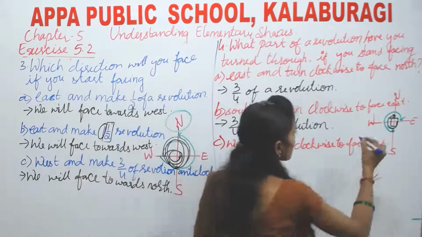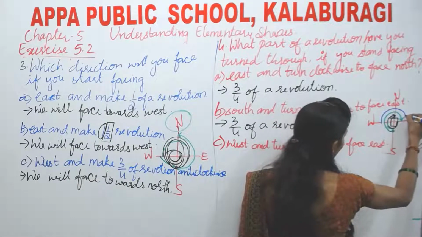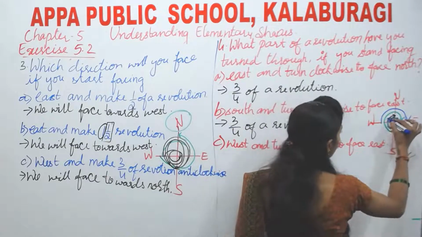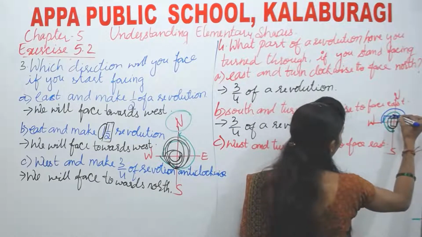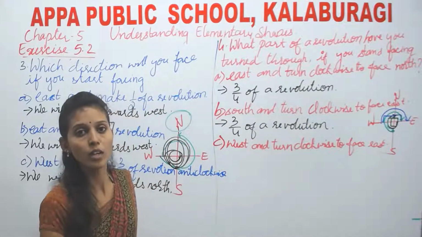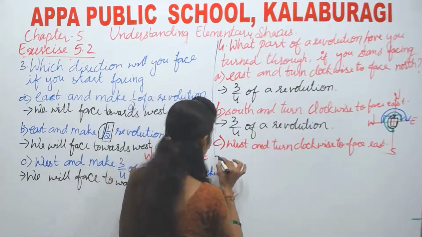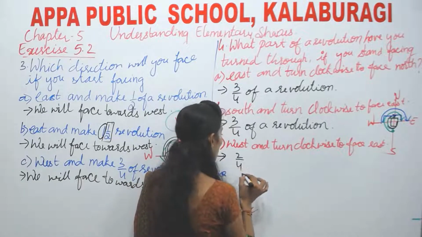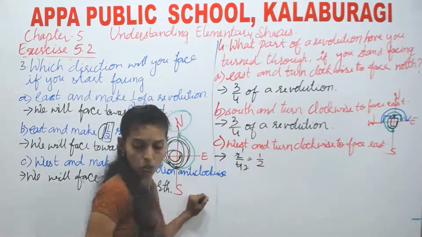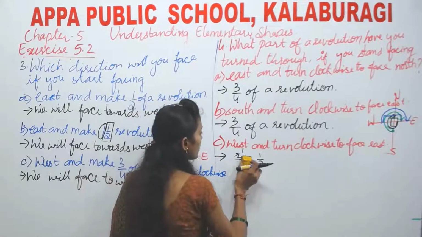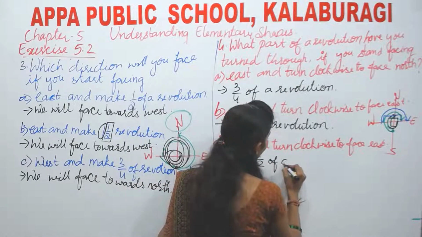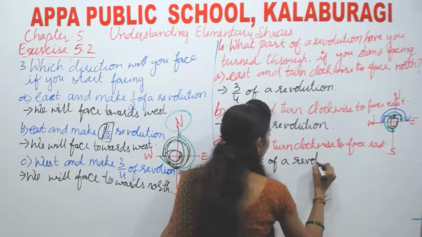So, from west clockwise to face east. How many right angles? From here to here 1, here to here 1. 2, right? 2 out of 4. 2 out of 4 is nothing but half. So, therefore, half of a revolution.